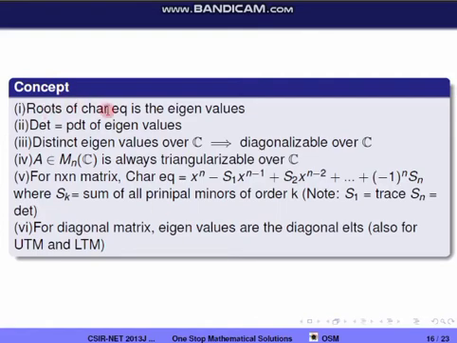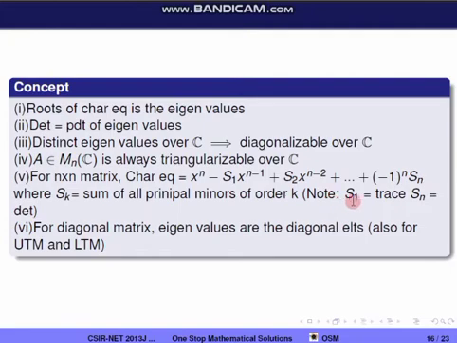We know the roots of the characteristic equation are called the eigenvalues, and the determinant is equal to the product of eigenvalues. If the eigenvalues are distinct over C, then it is diagonalizable over C. And if A is an element of M_n(C), then it is always triangularizable over C. And we know for any n by n matrix, the characteristic equation can be written as x^n - s1 x^(n-1) + s2 x^(n-2) + etc. up to plus or minus (-1)^n s_n, where s_k is the sum of all principal minors of order k.